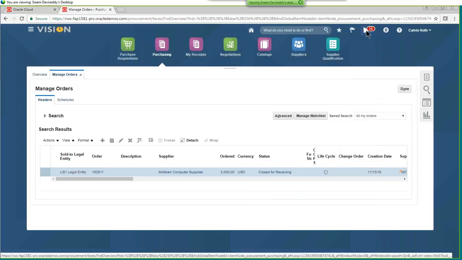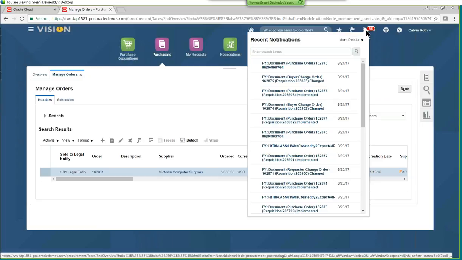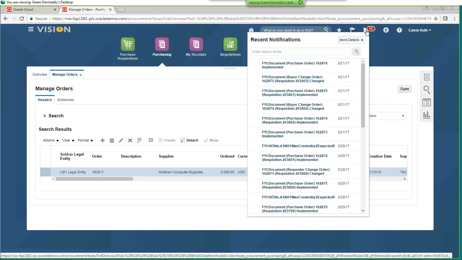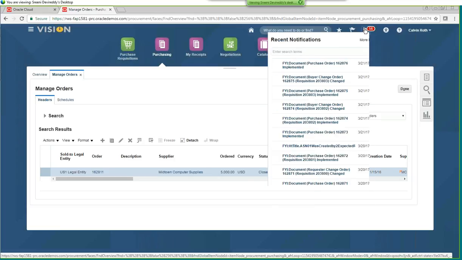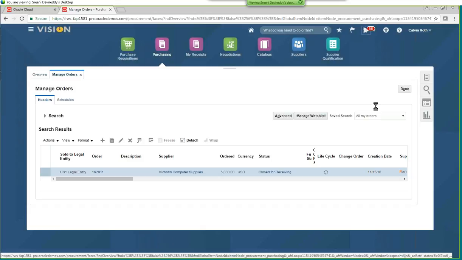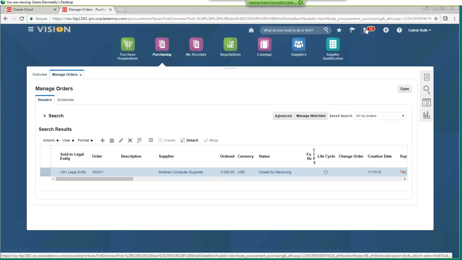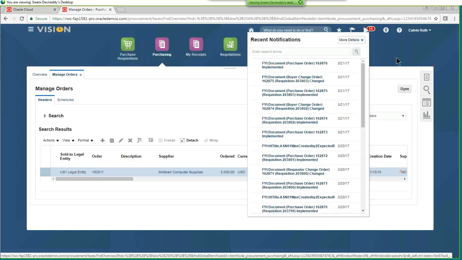These are all older notifications, so I'm waiting for a new one to pop up. Hopefully that's done in a few seconds. Not yet.